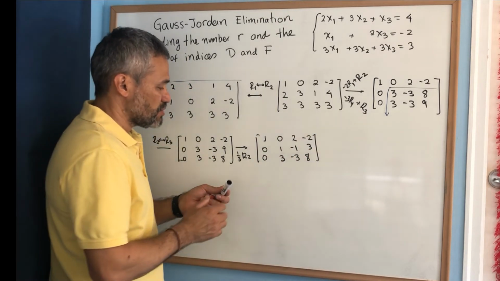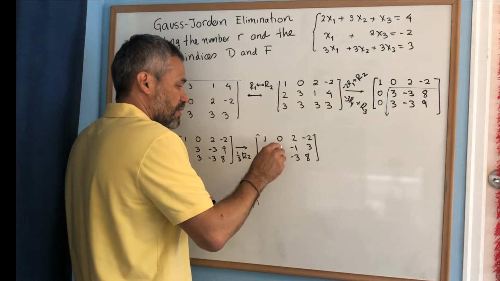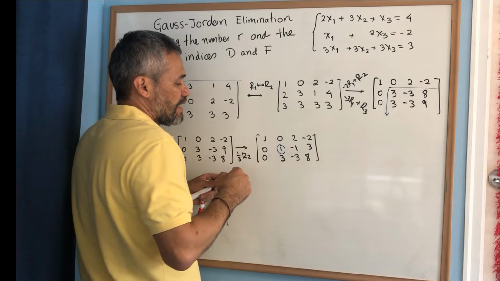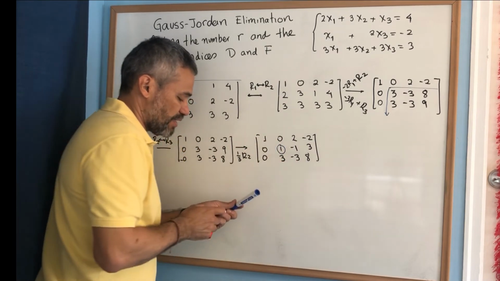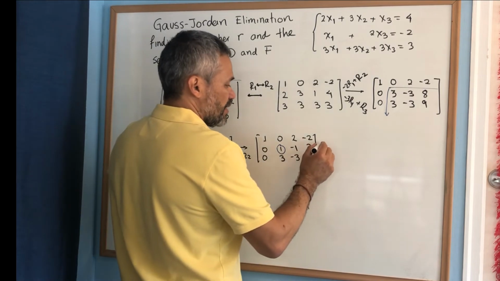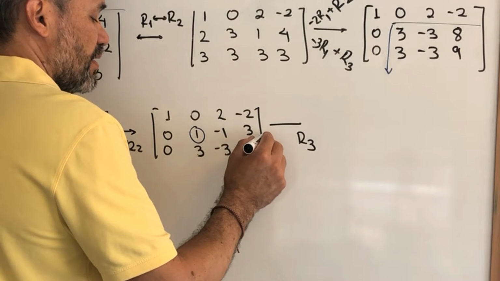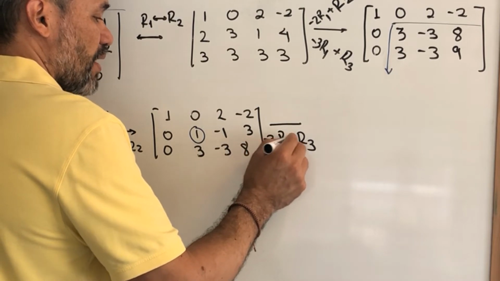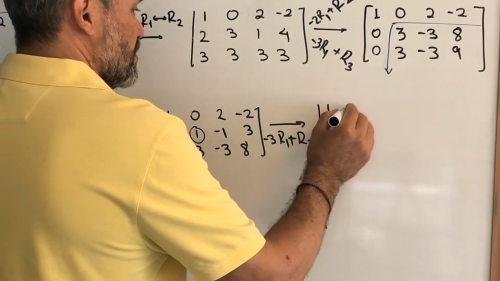Now I use this one to put zeros in the rest of the entries of that column. This is already 0, then I have to take care of this, and I do that by changing row 3 and adding to it negative 3 times row 1. Then when I do that change, this first row stays the same.